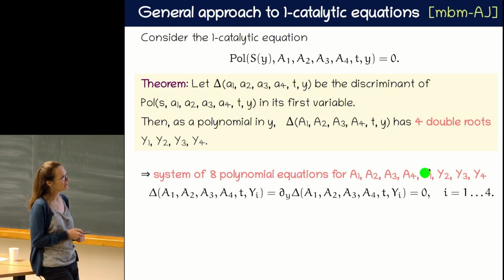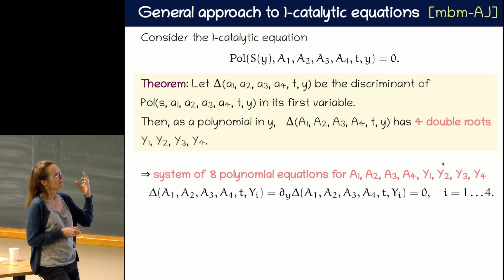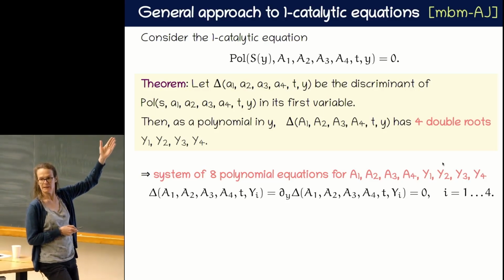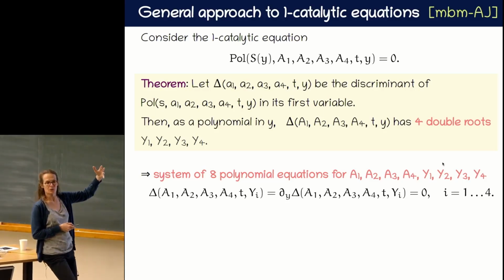And if you add that the Yi's are distinct, you have some hope that this system has dimension 0, and hence that every Ai, say, will be also algebraic. So all these arguments start from a one catalytic equation and produce a polynomial system, hopefully of dimension 0.